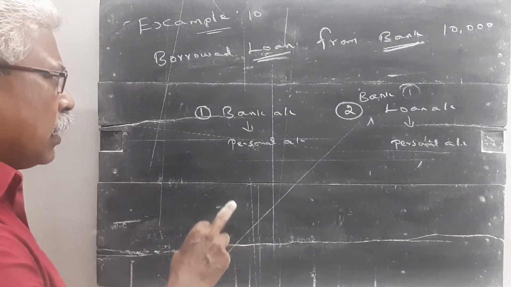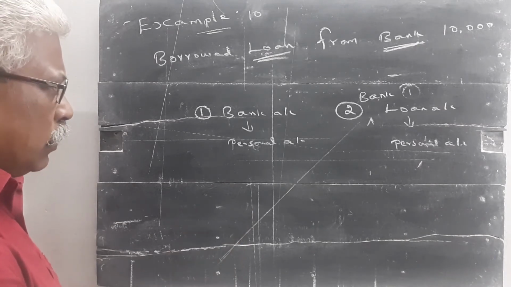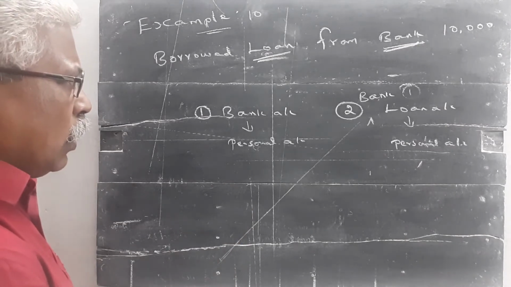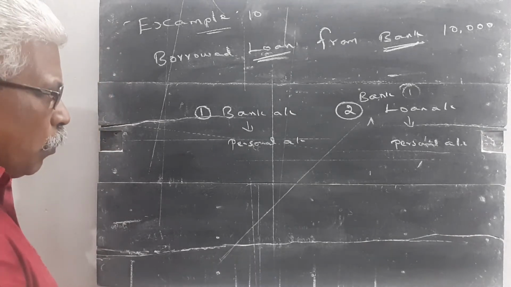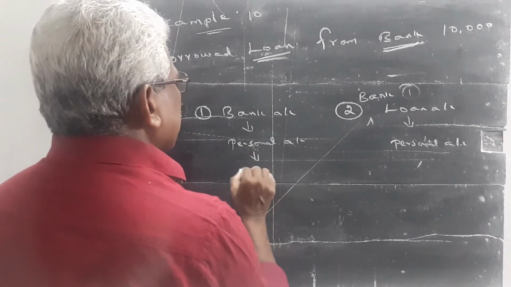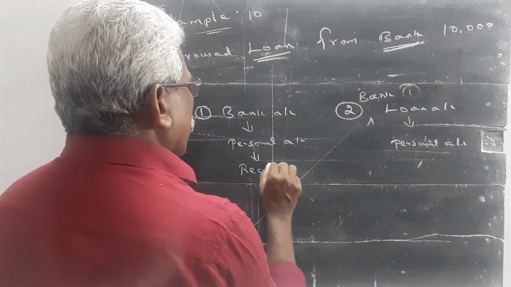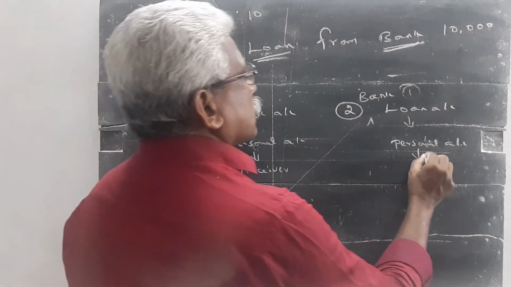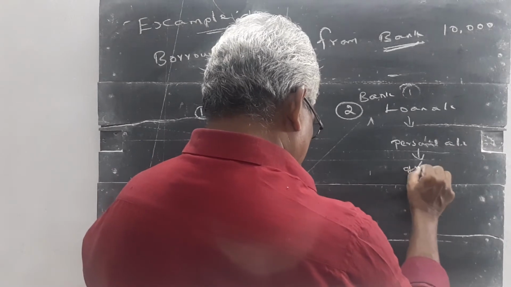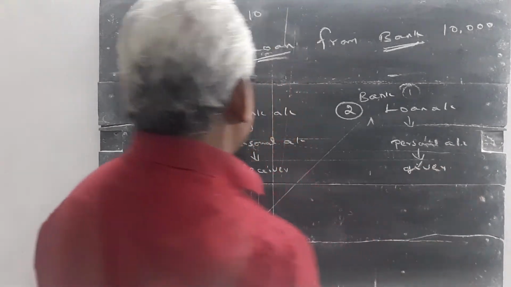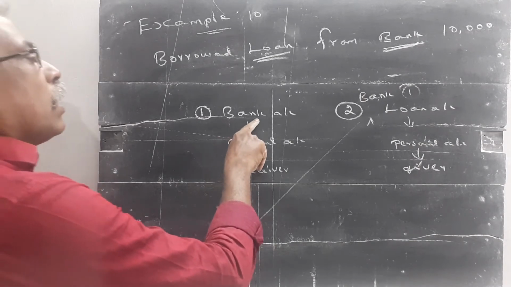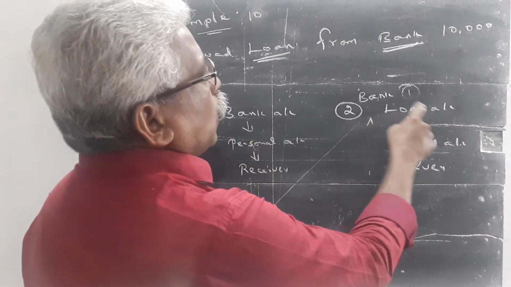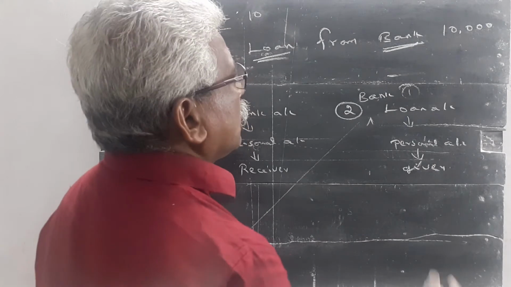The banker is the giver of this loan, so we are liable to pay this amount. Bank is the receiver, and this loan account is the giver. Bank account is a personal account, and bank loan account is also a personal account.